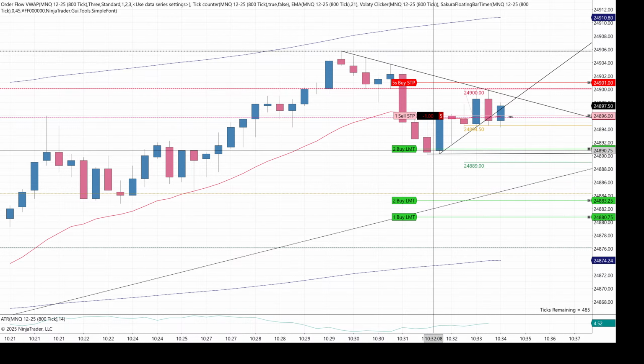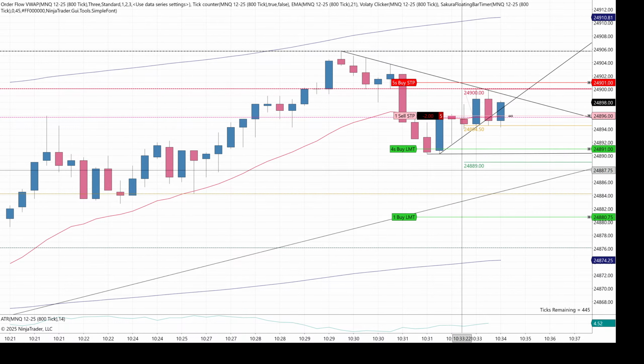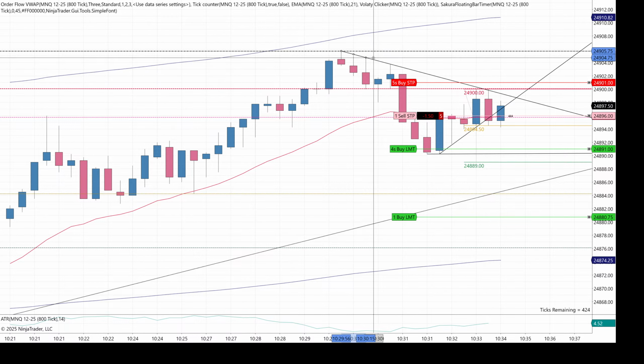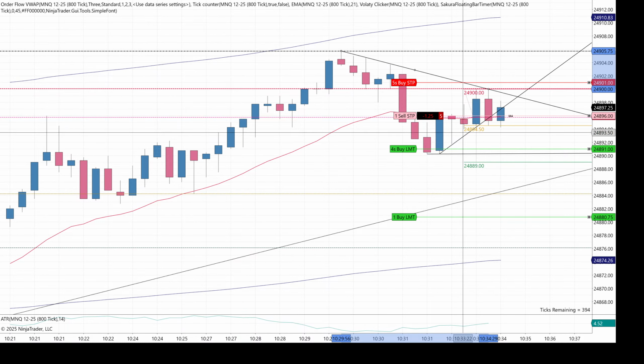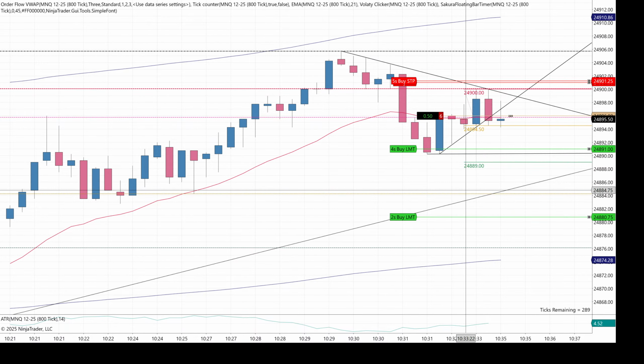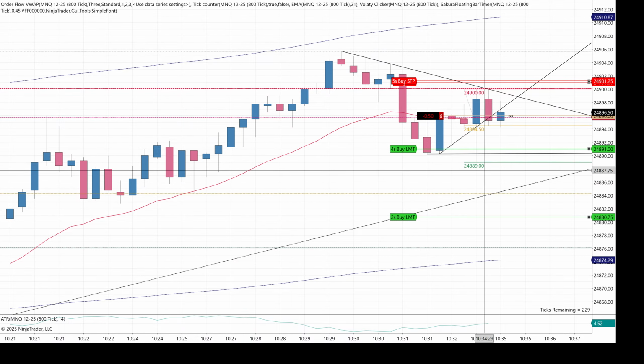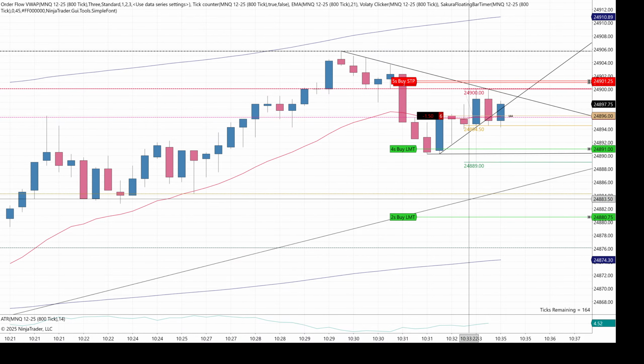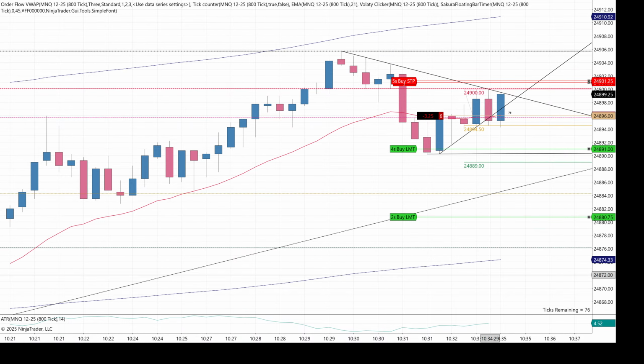I'm going to see if I can get it here. $901.25. Okay. I'm going to take off my first set of targets around the low here. If it wants to come down, I might get stopped out here.